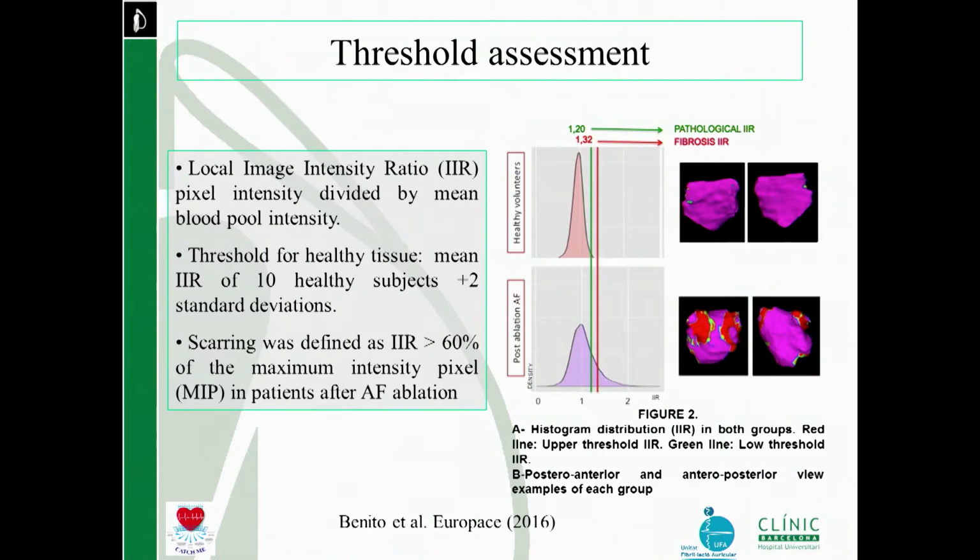Then we also tried to separate dense scar from intermediate lesions, and we did that the other way around. We took lesions that were created by ablation, and the 60% intensity of these lesions was considered the limit where the dense scar started.